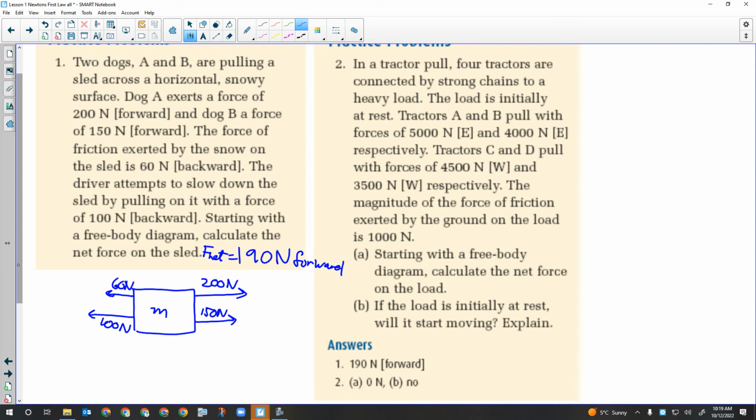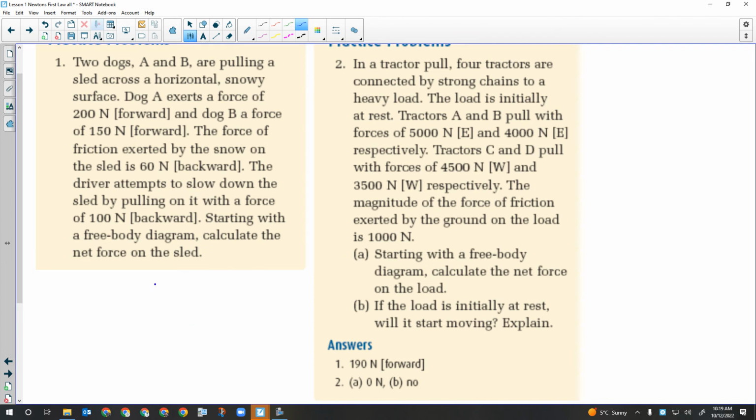So in the tractor pull, 4 tractors are connected by strong chains to a heavy load. The load is initially at rest. Tractors A and B pull with forces of 5,000 newtons east and 4,000 newtons east. So everything is east and west. We'll draw that down here. We don't know what the mass of the trailer is, so again, we're just going to write mass in the middle.